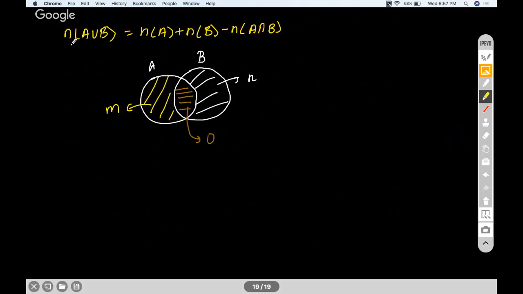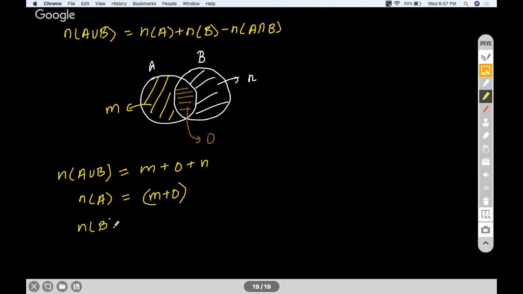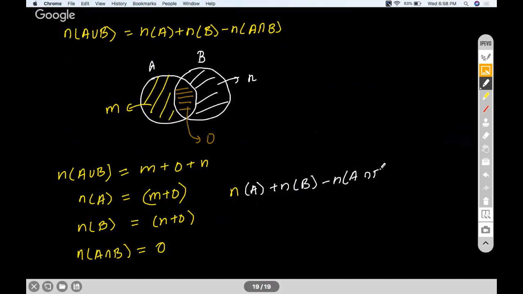Now see here. When you say n(A union B), it's actually nothing but M plus O plus N. Now according to this formula, n(A) is nothing but M plus O. Correct? n(B) is nothing but N plus O. And A intersection B is nothing but O. So if you do n(A) plus n(B) minus n(A intersection B), you end up getting M plus O plus N plus O minus O, which gives you nothing but M plus O plus N, which is what we had written over here.